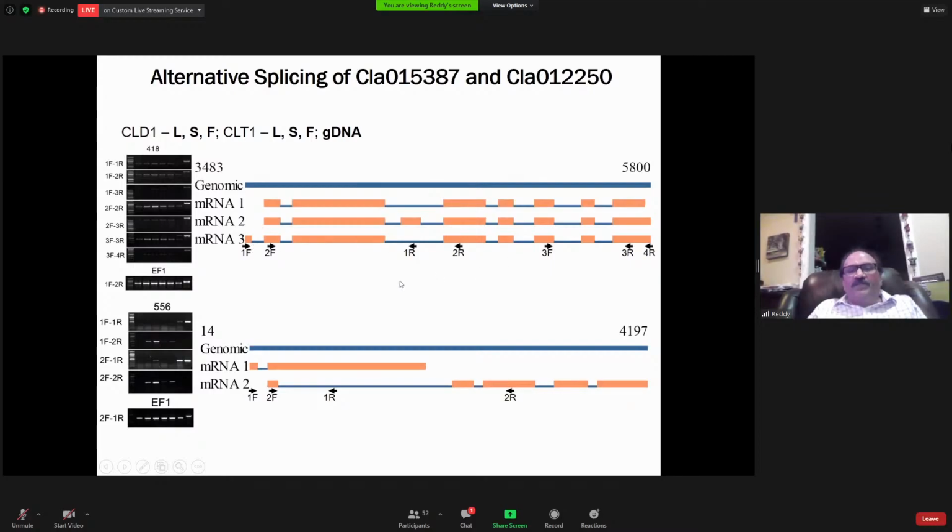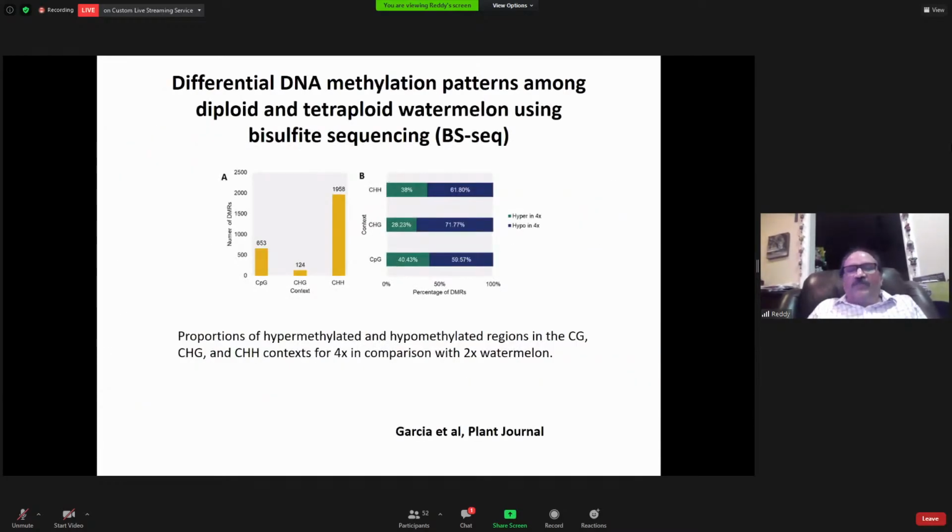This is the diploid messenger RNA. And these messenger RNAs are spliced differently. And here the messenger RNA is quite shortened. This intron became like exon. So all these changes happen in the fruits, finally reducing the messenger RNAs to just one copy. That's why the diploids and tetraploids have the same size of fruit.